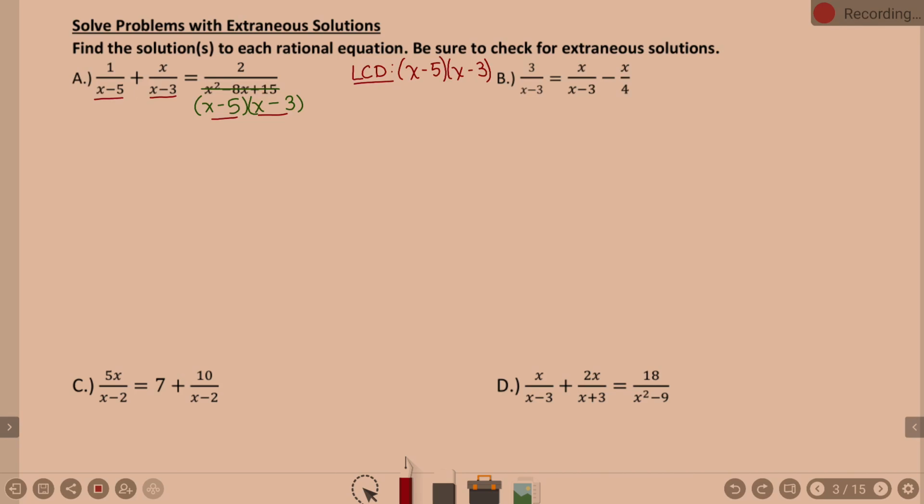And what that means is I'm going to take x minus 5 and x minus 3, and I'm going to multiply both sides of my equation by x minus 5 and x minus 3. What I do on the left, I do on the right.